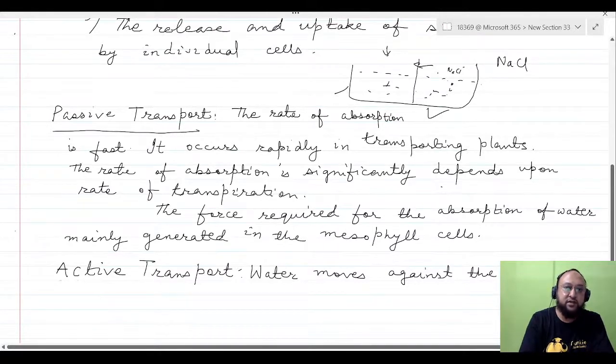The rate of absorption is slow because energy is required.